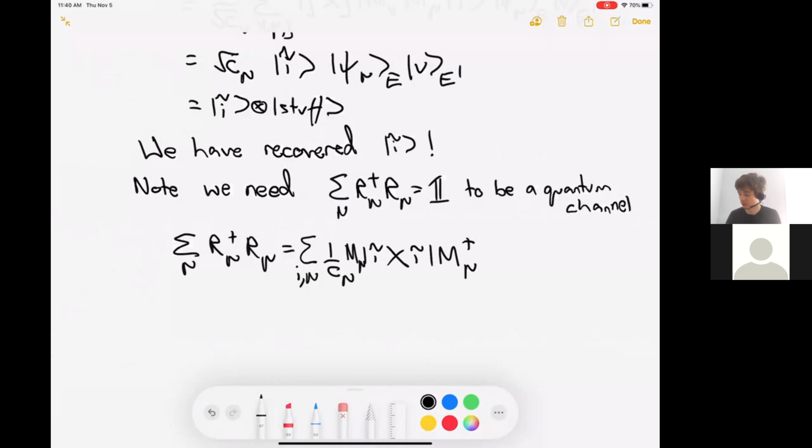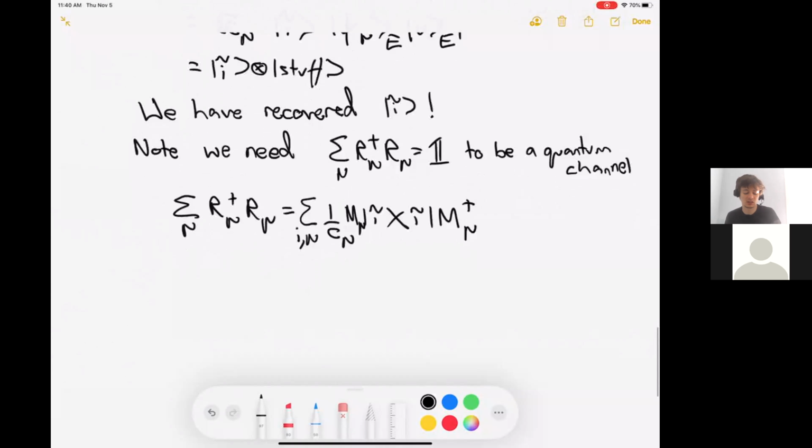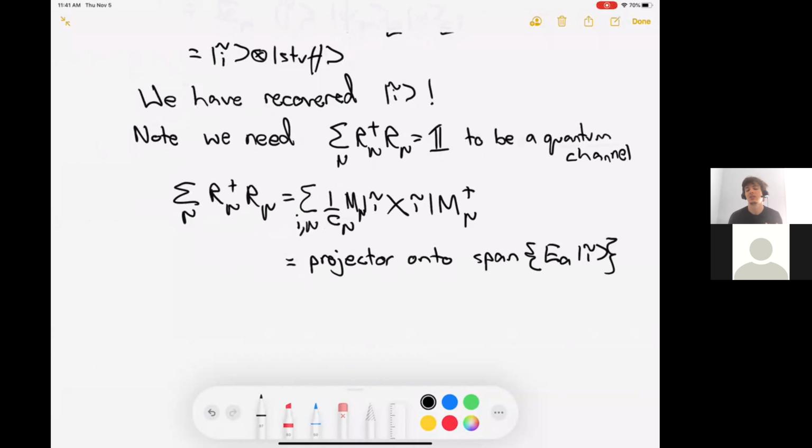Sorry, yep, that's right. Turns out, you can check, I'm not going to justify it properly, but this just acts as a projector onto the subspace spanned by errors EA acting on I tilde. Okay, acting on any state I tilde. So it's a projector onto the subspace of states that can be created by acting with some error EA on some state in the code subspace.